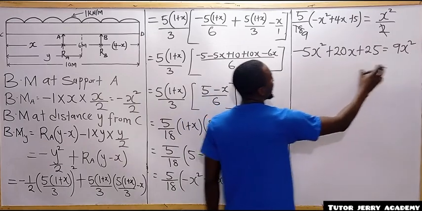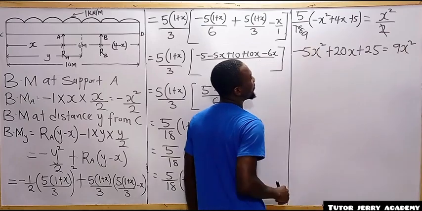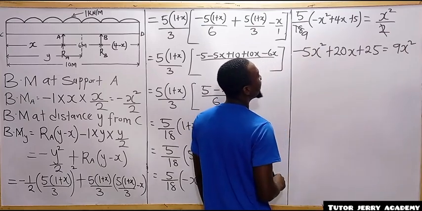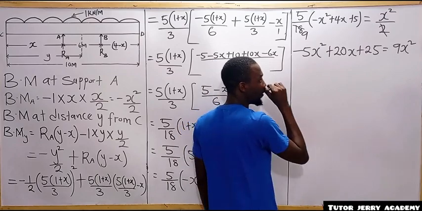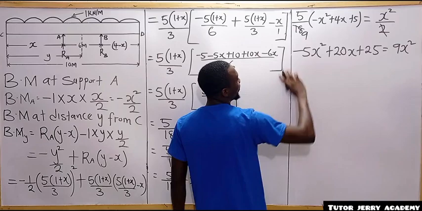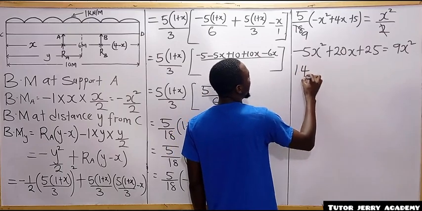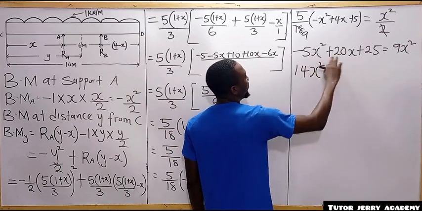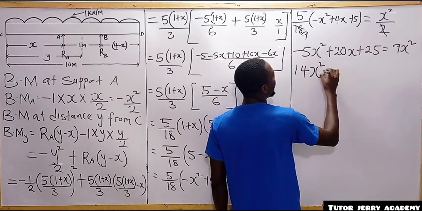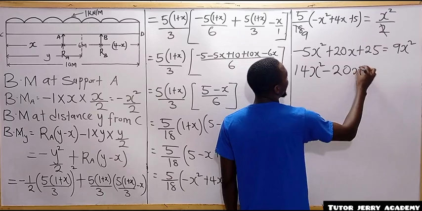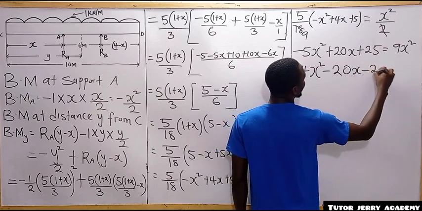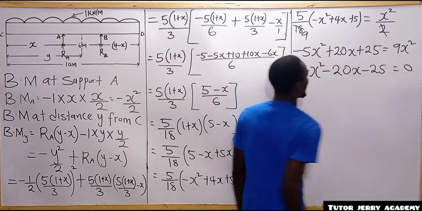So 9s squared plus this gives us 14s squared. If we move this to the other side, we're going to have minus 20s. Move this, we're going to have minus 25. Everything will be equal to 0.